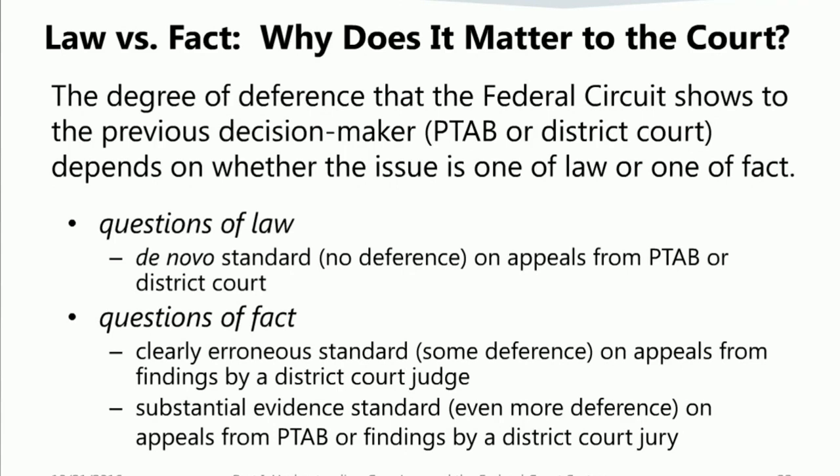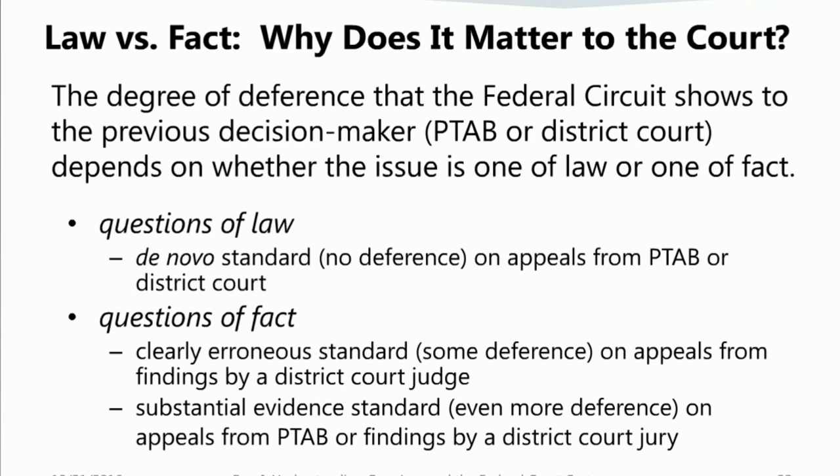If the factual question was decided by the district court, the Federal Circuit accords some deference according to the clearly erroneous standard. Unless the Federal Circuit believes that the district court's factual decision was clearly erroneous, the Federal Circuit must defer to the district court's decision.